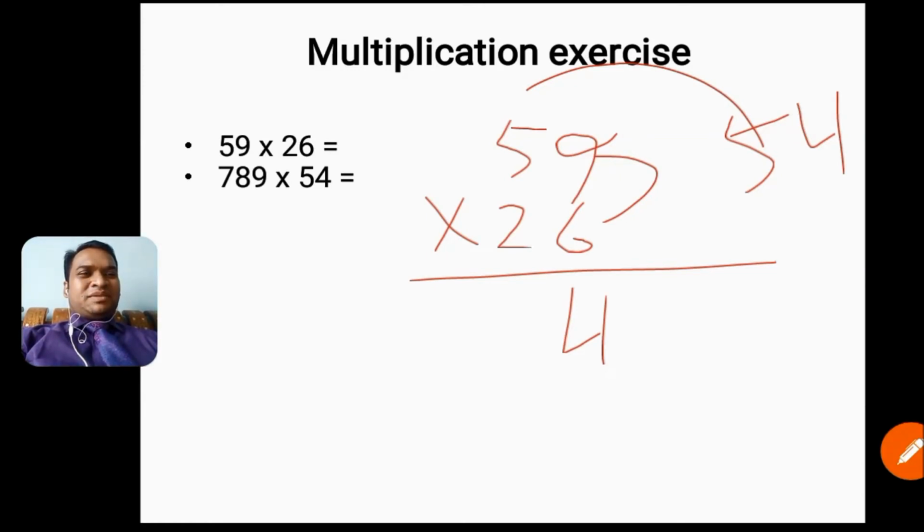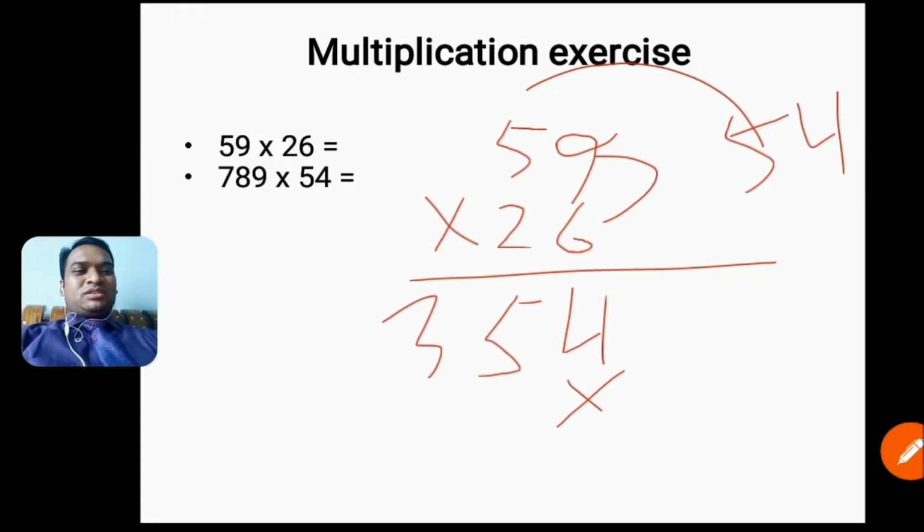We'll add this 5 with the next number. Okay, then we'll multiply 6 with 5. So 6 5s are 30, and we need to add this 5. So 30 and 5 is 35. Another rule is when you go for the next one to multiply, you need to put here 0 or a cross.